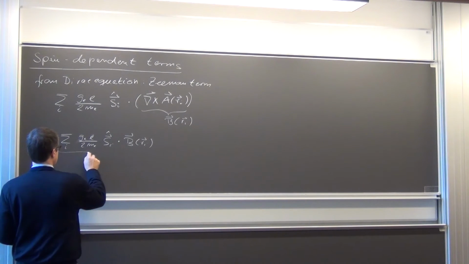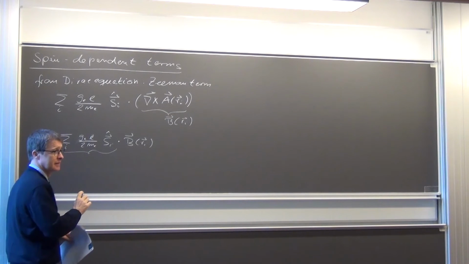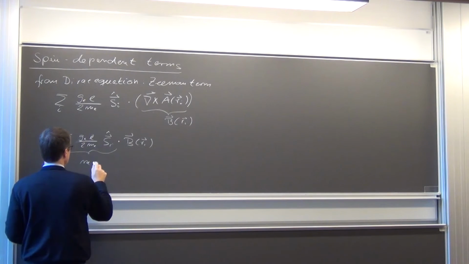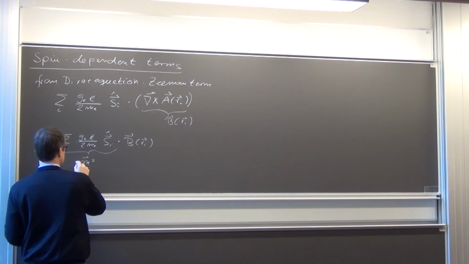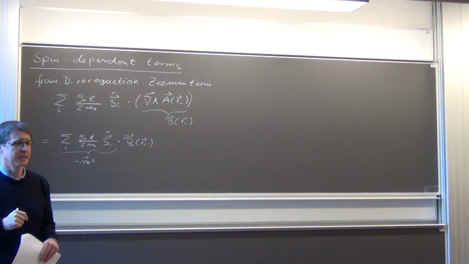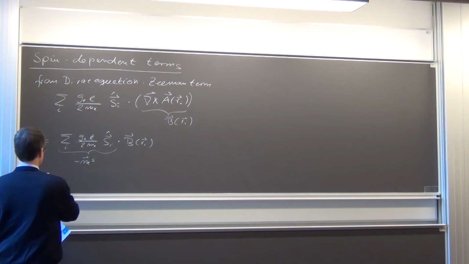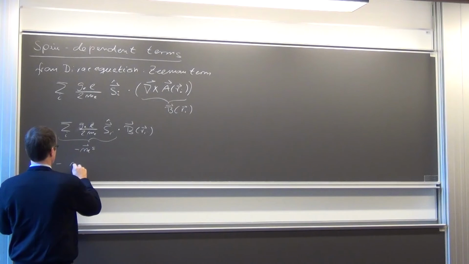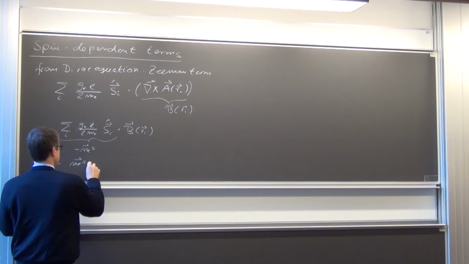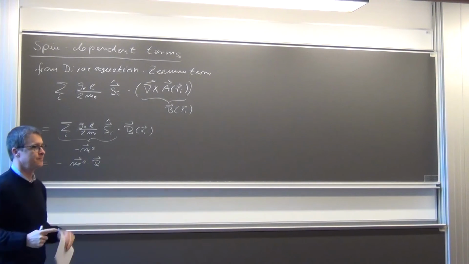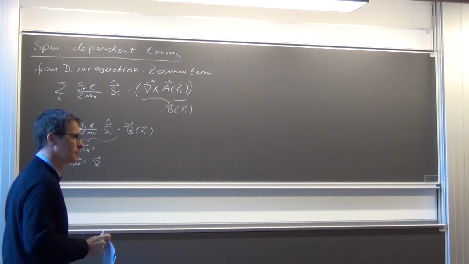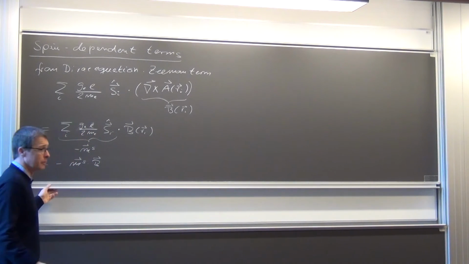This must then mean that this here is actually the magnetic moment of the spin of the electrons, or to be more precise, minus the magnetic moment of the spin of the electrons, because then we get the expression we had before, minus the moment times the field, which is the interaction between a dipole moment and a field.